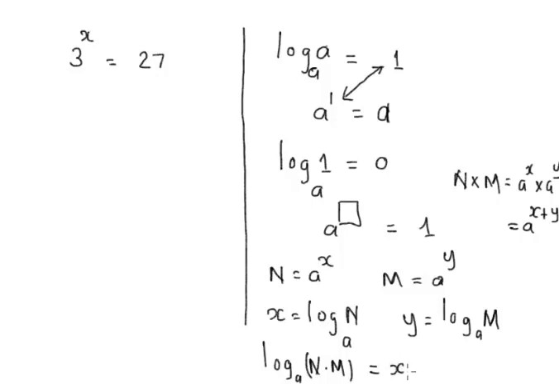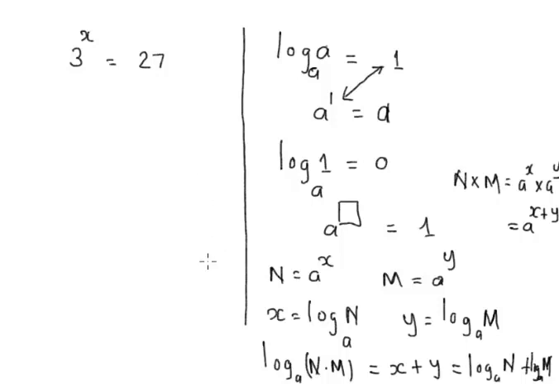It's x plus y. Then what does that mean? It means that this is the logarithm base a of n plus the logarithm of m base a. So what do we mean there? We mean that the logarithm of the product is the sum of the logs.